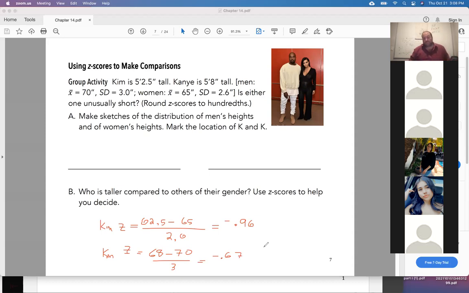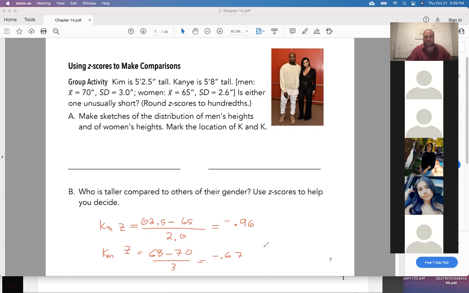So which one is shorter when looked at in the context of their own gender? Kanye? What's Kanye's z-score? Oh, never mind. It's Kim. Kim has a lower z-score, which means she's further away in a negative direction from average, right? Does that make sense?